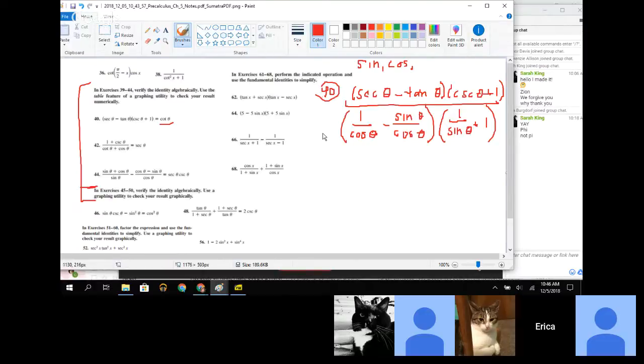Okay, so what do I notice here? I notice that I have the same denominator, so I can rewrite this as 1 minus the sine of theta over the cosine of theta. Okay, so that's kind of cool. I can do that, right?